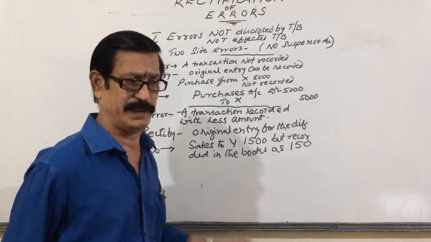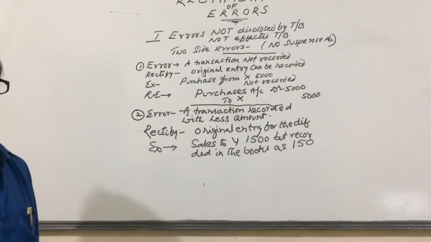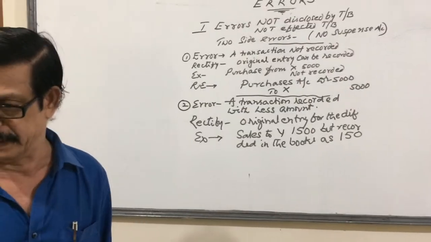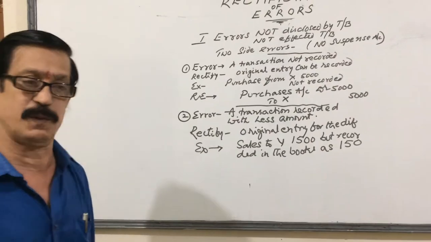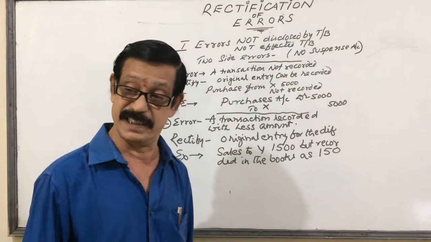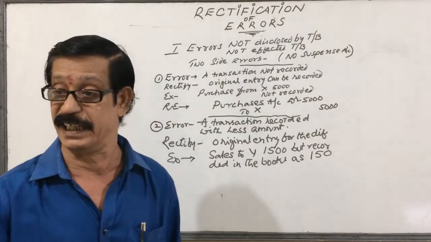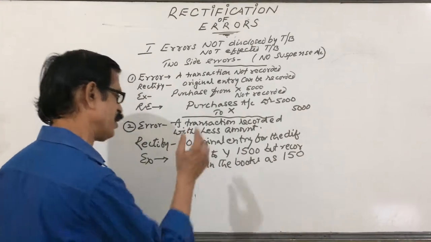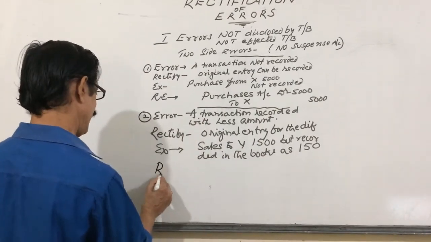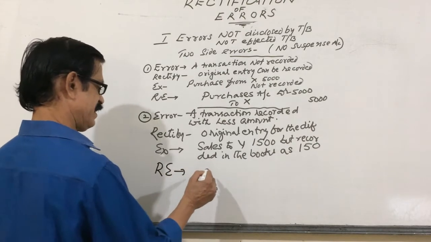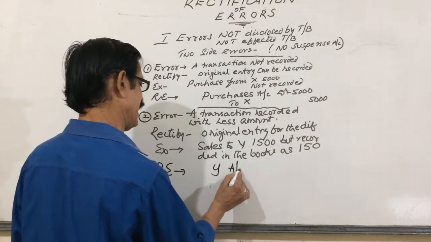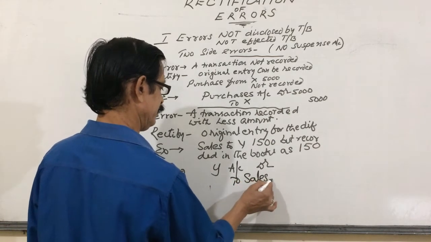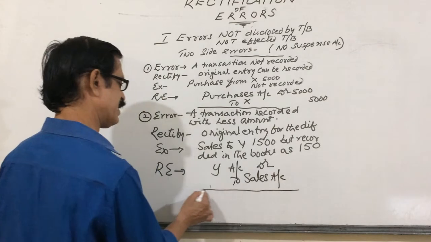In the second case, what I am telling is, we sold goods to Y, debited Y account and credited sales, they recorded correctly, but they have taken only 150 rupees instead of 1,500. How much have they taken less? 1,350. For the same amount, you can pass the original entry. So now, the rectifying entry: Y account debit, to sales account.